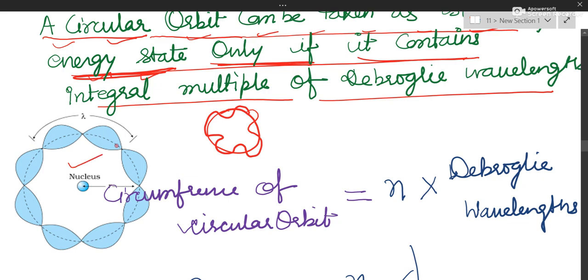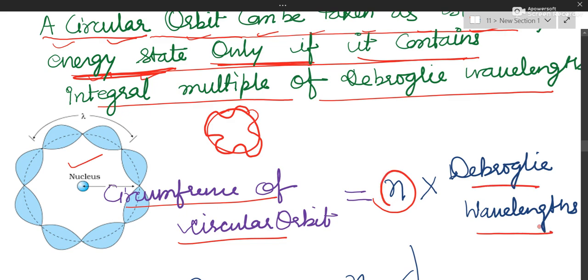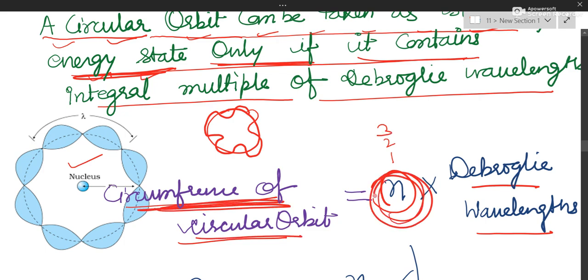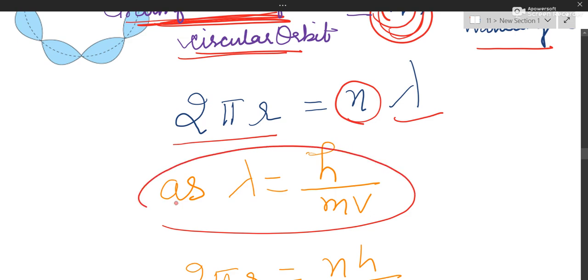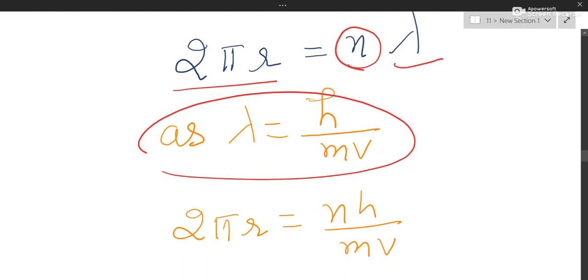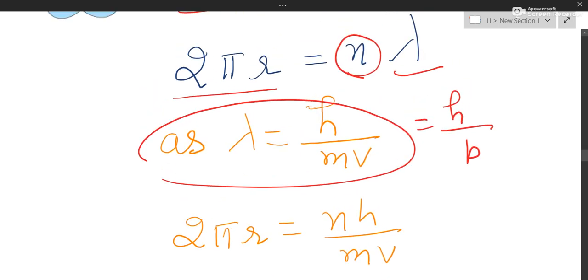Okay, now what does it mean? It means the circumference is accommodating n times the de Broglie wavelength. Either 1 wavelength, 2 wavelengths, 3 wavelengths, but n times. Circumference can be written as 2 pi r, that we know. N times the wavelength is n lambda, and we also know de Broglie wavelength can be written as h by momentum, which is mv. So let us substitute this value of lambda here.